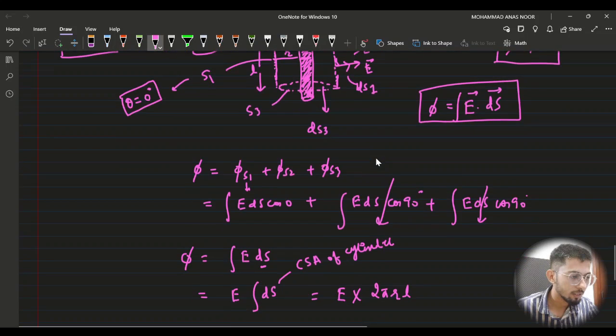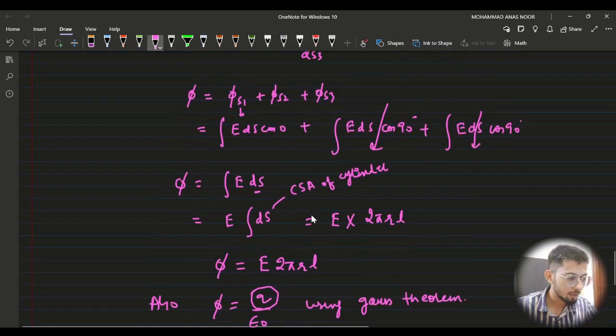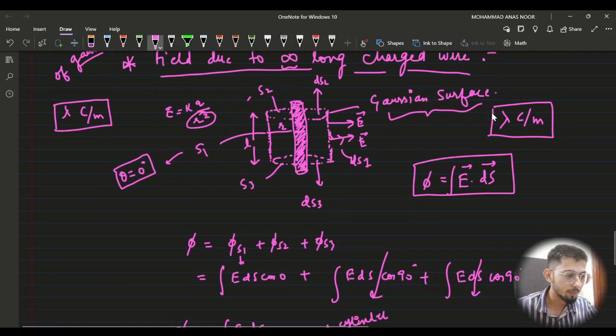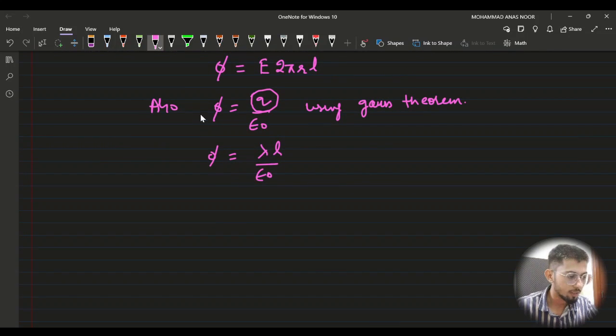So this Q can be replaced by lambda into L divided by epsilon naught. Because Q is not given, it is given in the form of the density. Given the length of this cylinder, we can find the charge inside that portion of wire.